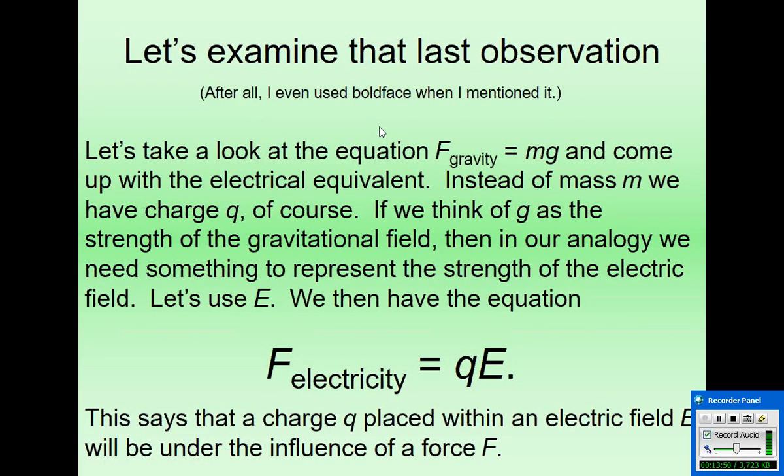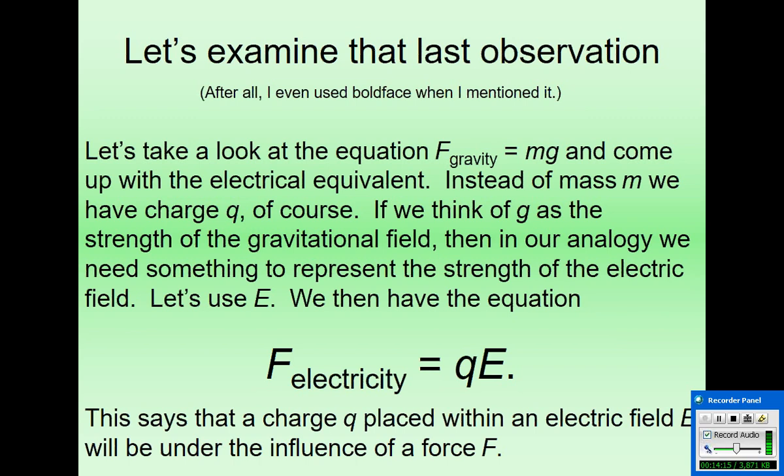What does that mean? Let's explore that a little bit further. And again, we're going to draw up our analogy with gravity. In Physics 140, I would bet dollars to cheap donuts that you saw the expression that the gravitational force near the surface of the Earth has a magnitude of m times little g, where m is the mass of the particle and little g is the gravitational acceleration.